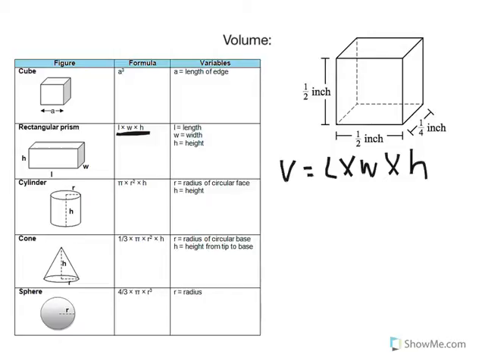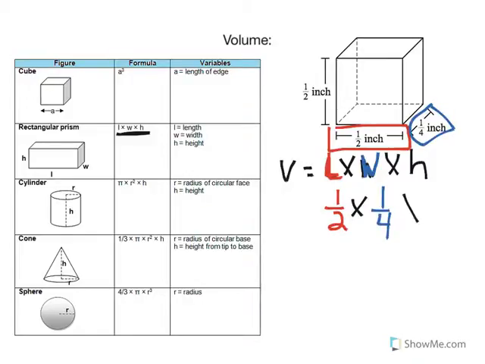So we have the length of this rectangular prism, the length is a half, times our width, which is 1/4 of an inch, times our height. Our height is 1/2 an inch.